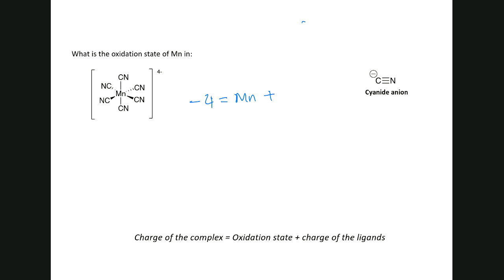Therefore, the charge on my ligand is going to be 6 times -1. Now I can solve for the oxidation state of manganese. So it'll be -4 plus 6 is equal to Mn. So +2 is equal to the oxidation state of manganese. All right. Do we all see that?